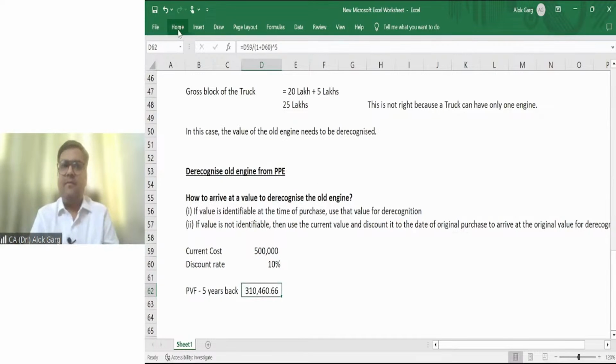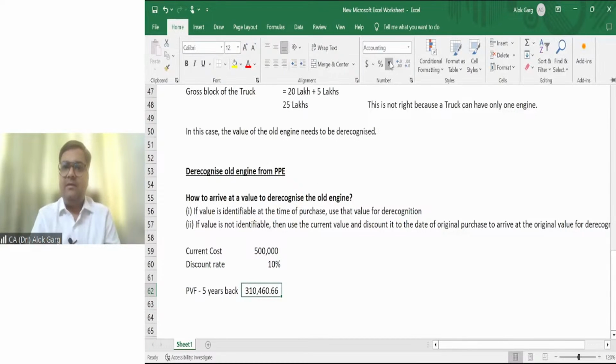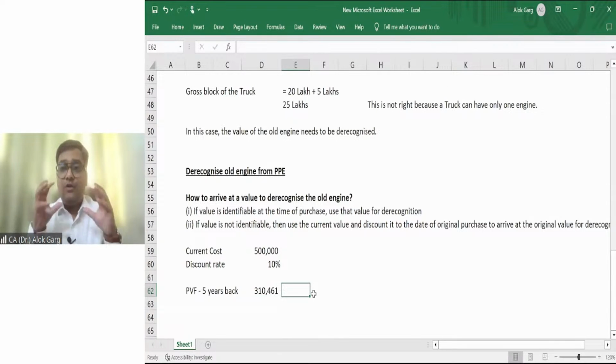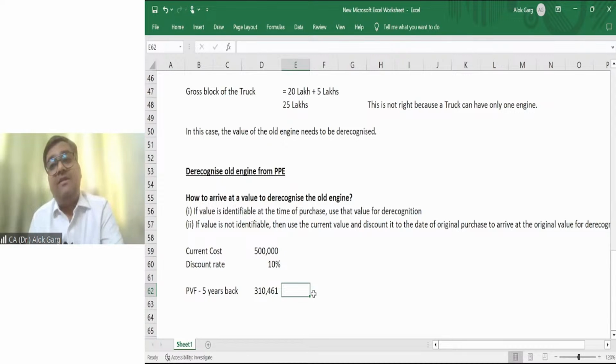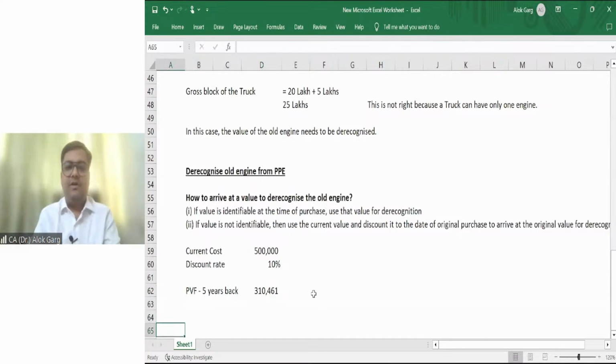Right? Is that clear? So if today the value is 5 lakh rupees, what should have been the value 5 years back? It is 3 lakh 10,461, right? If you had invested 3 lakh 10,461 5 years back at an interest of 10%, it becomes 5 lakh rupees.